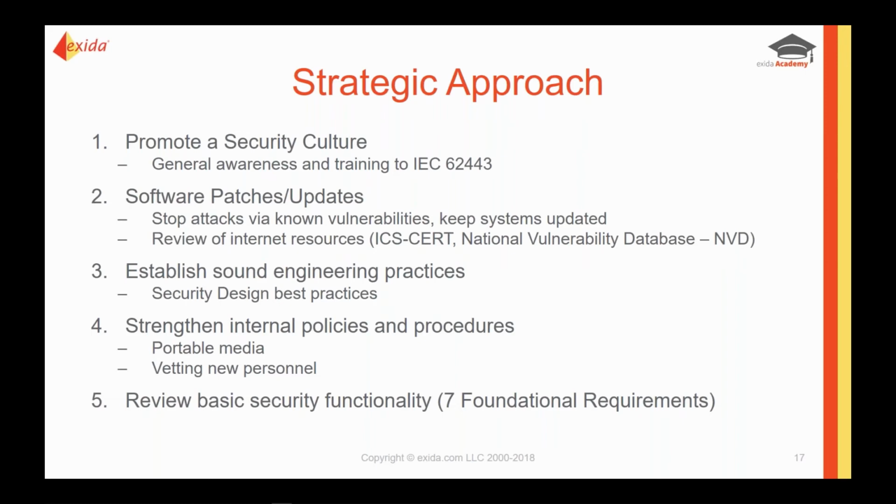This kind of information is available within the standard. And then obviously making sure that you look in detail at the various products or systems that you're involved with, and at the very least make sure that they address the 7 foundational requirements. So that's an overall bullet point list of things that you'll want to do as an organization from a high level to really address security.